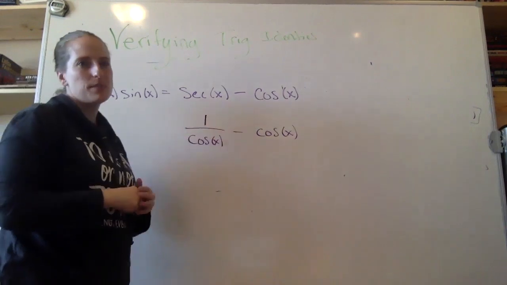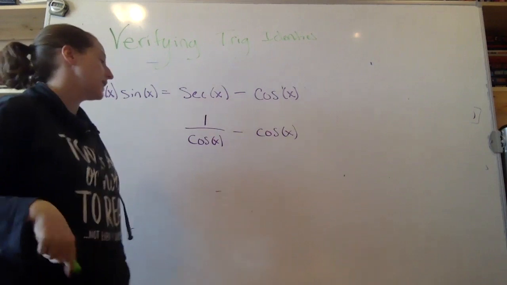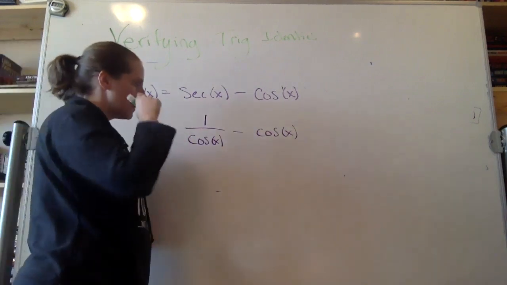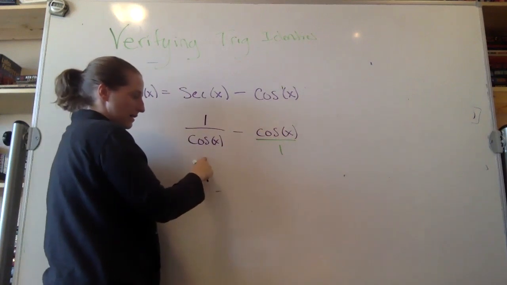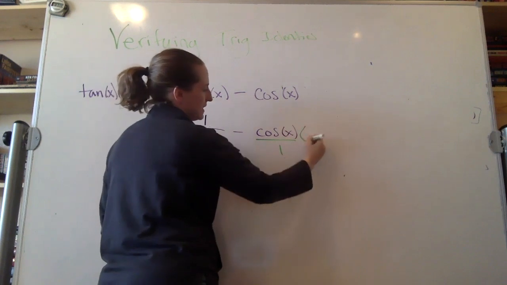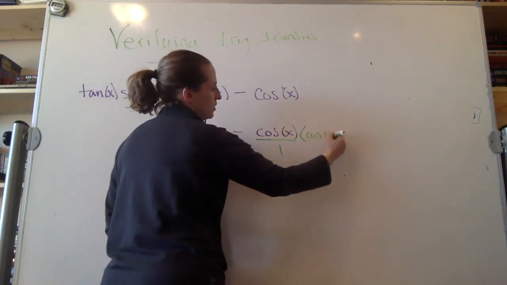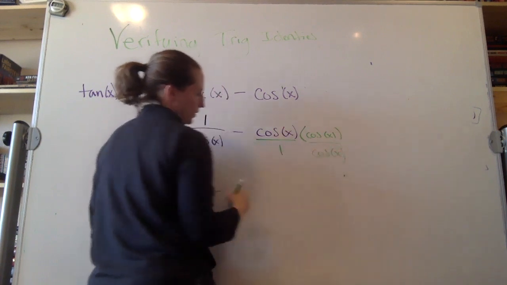Now, when we have addition and subtraction, we're usually going to want to get a common denominator and combine terms together. Well, my common denominator is going to be cosine. This guy has a cosine in the denominator, so I'm going to need to get this in terms of cosine. I can do that by multiplying top and bottom by cosine.